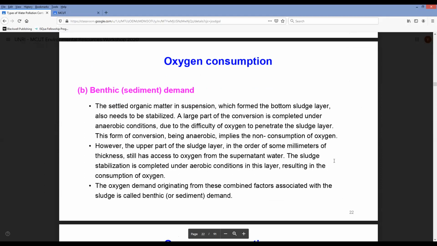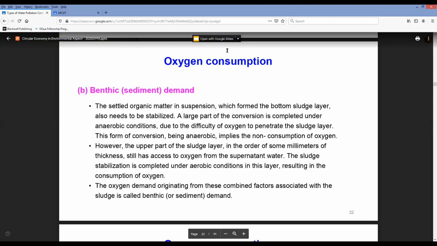Okay, the first part shows the organic matter in suspension which forms the bottom sludge layer, and also needs to be stabilized. A large part of the conversion is completed under anaerobic conditions due to the difficulty of oxygen penetrating to the sludge layer.